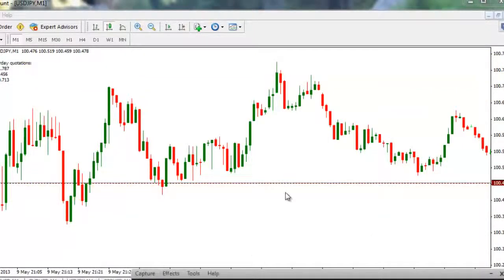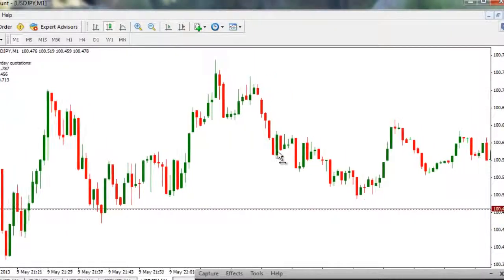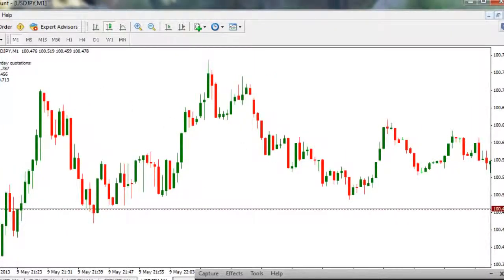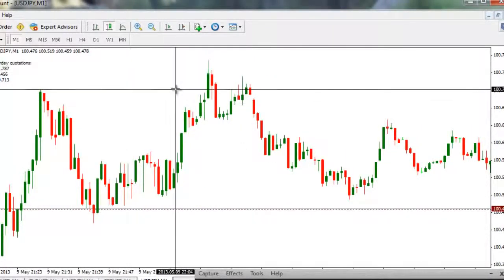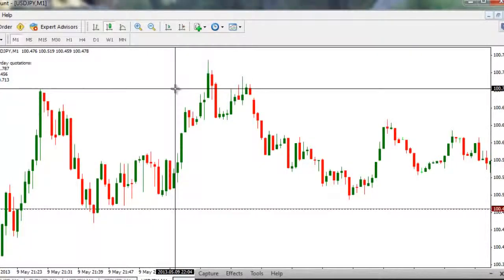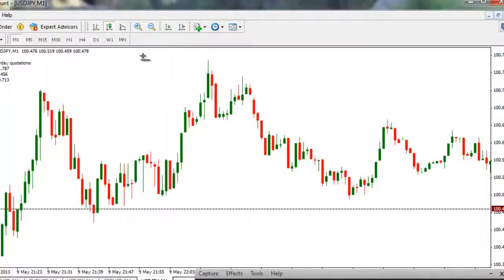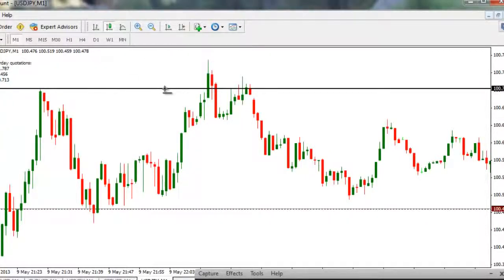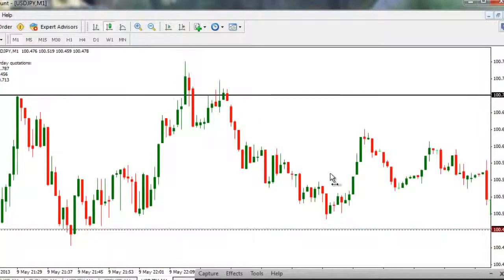So we're looking for confirmed areas of resistance, of course, so you can always pull out your hash mark and see if you see something. So this is a confirmed area of resistance here. We have two touches, so I'll put a horizontal bar right here, and that'll be something where I look for a put option if price touches there.